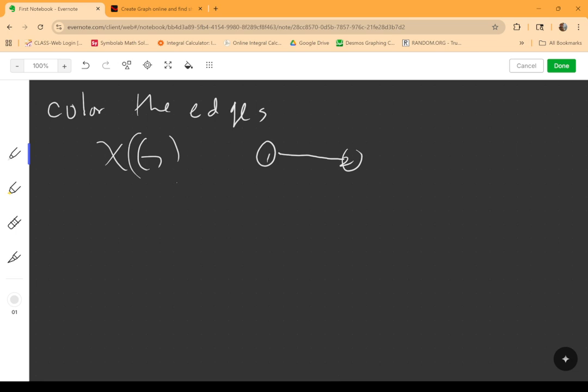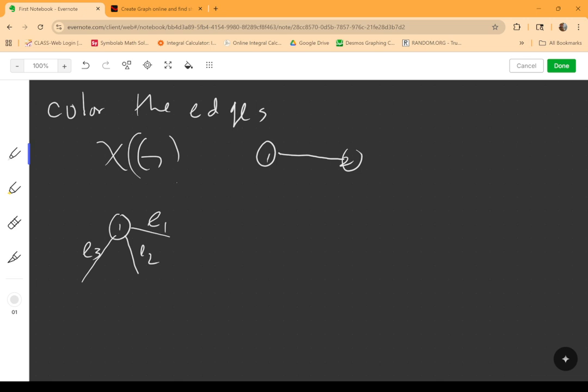Now, when dealing with edge coloring, edges are adjacent if, say we have these E1, E2, E3, and they are all meeting at this vertex 1, then we say E1 through E3 are all adjacent edges.